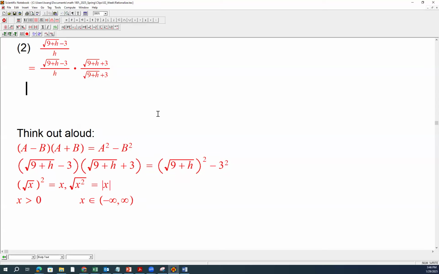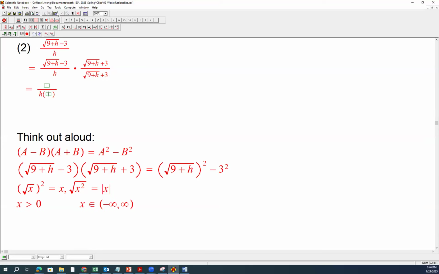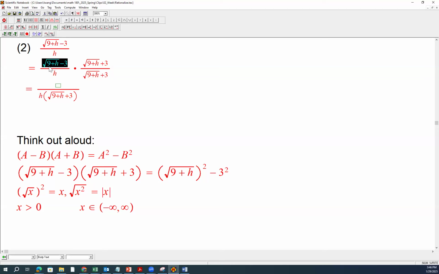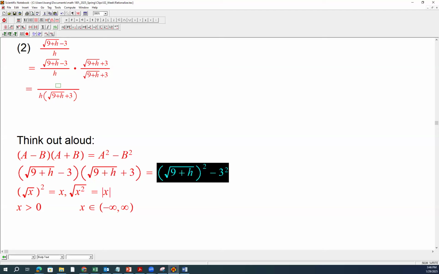Okay, and the next step, we will have the denominator multiply the denominator, numerator multiply the numerator, which is that piece. So we're going to apply the formula.